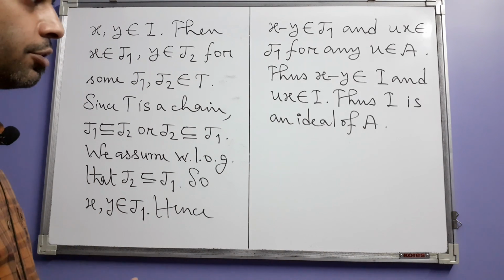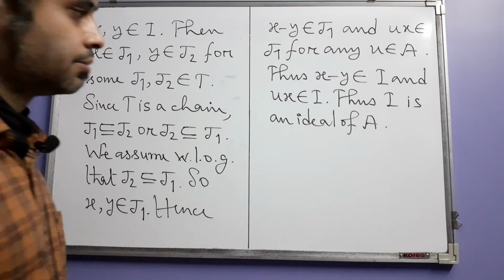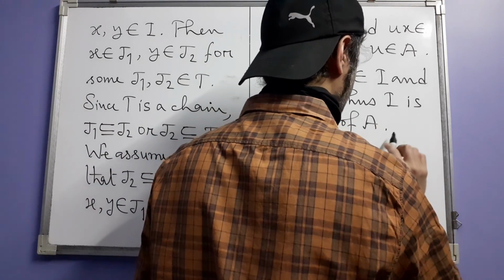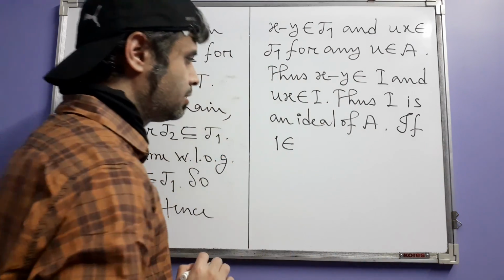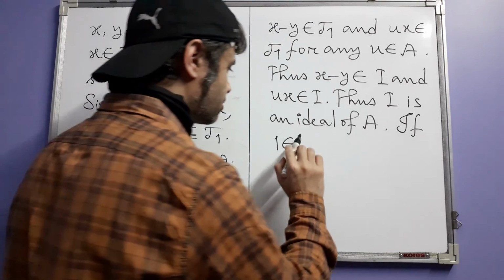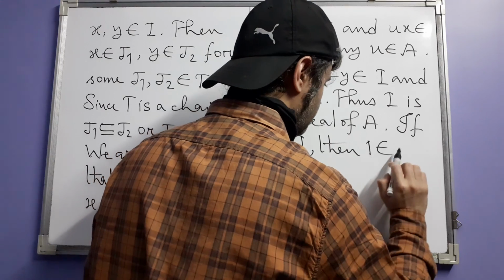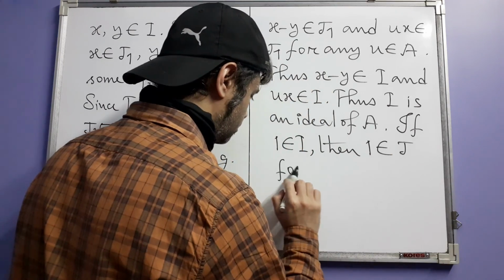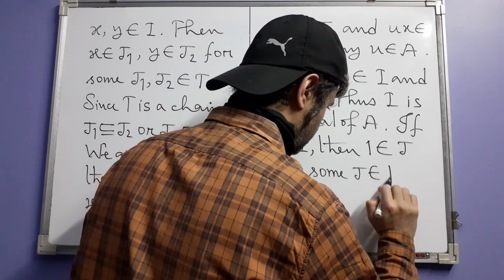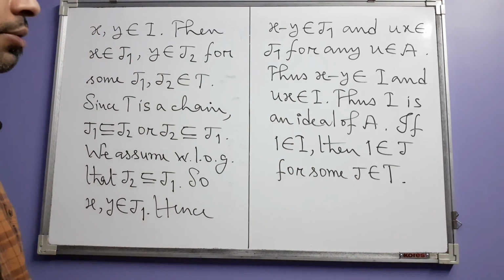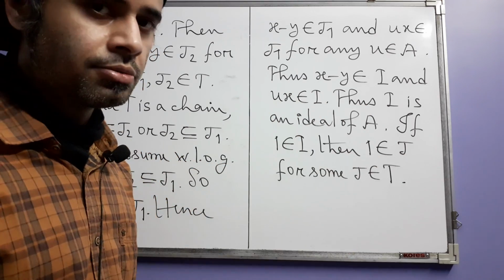But we want to really show a little more, that I is a proper ideal of A. If the identity element of the ring A belongs to I, then it will belong to some J. Is that possible? No, because in that case J has to be equal to the whole ring.